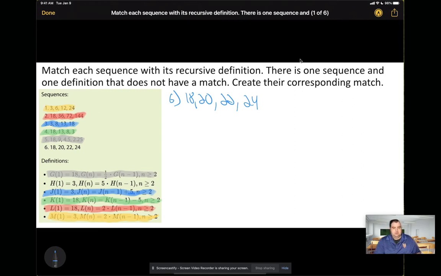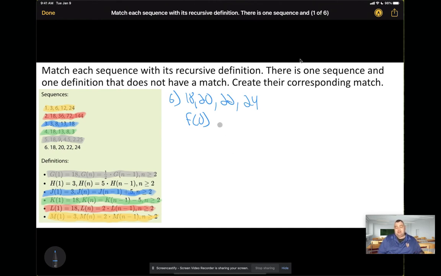Let's look at what type of sequence this is. We have to create a definition here. 18, 20, 22, 24, that looks like we're adding 2 each time. So this is an arithmetic sequence starting at 18 in which we're adding 2 each time. When I write that, I'm going to use f. It's going to be f of 0. Now notice the ones here started with term 1, but you could also start with term 0.